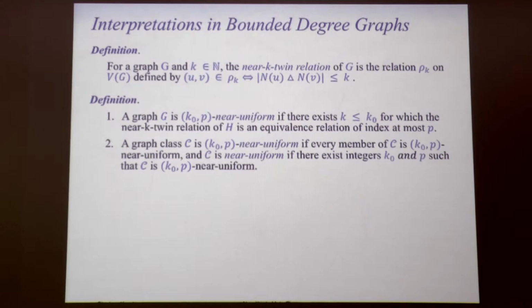It's not an equivalence relation, certainly, so it's not so useful. But you can just say a graph G is k0-p near uniform if you can find some number k for which this near k twin relation is actually an equivalence relation on your graph.